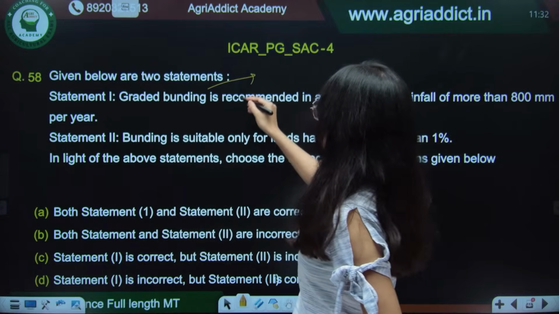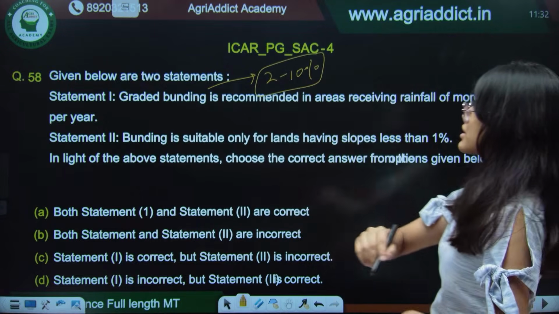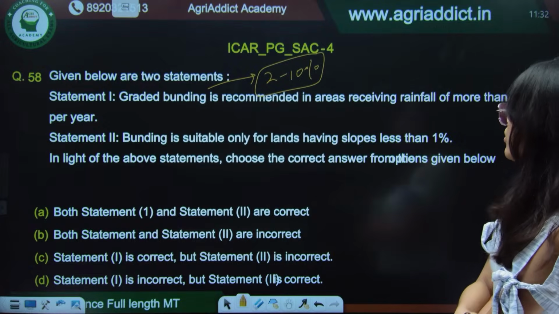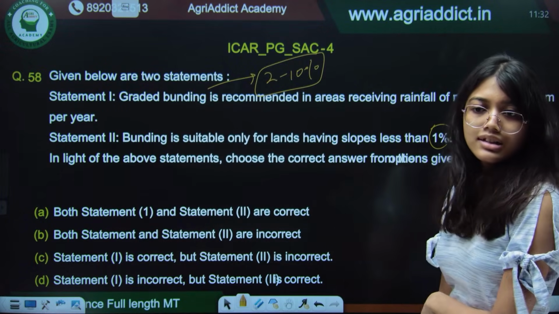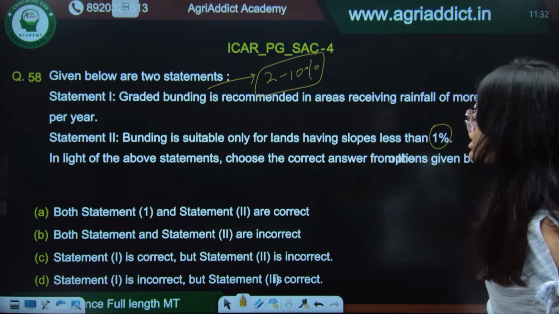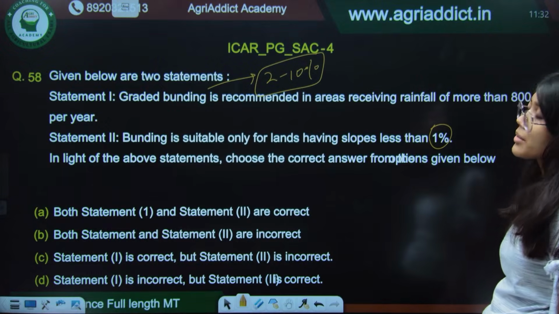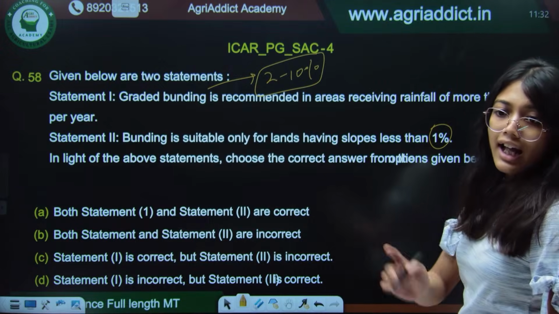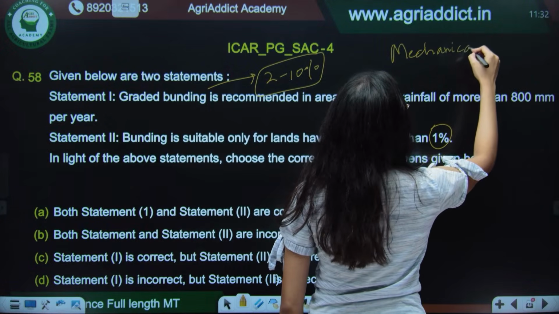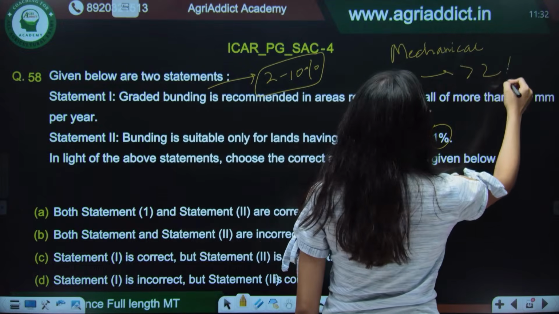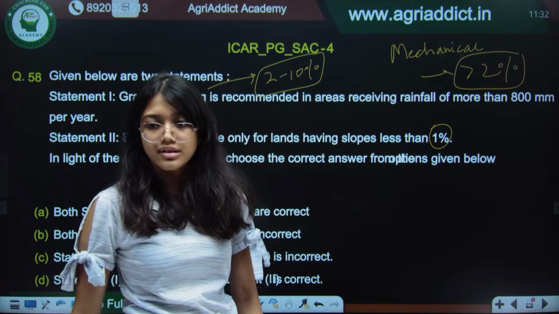Next, graded bunding is recommended in areas receiving rainfall of more than 800 millimeter per year. So for graded bunding, what is the slope? It is 2 to 10% land slope. Bunding is suitable only for lands having slopes less than 1%. Whether or not that is correct, I had already mentioned that for graded bunding it is 2 to 10%. And for mechanical measures, bunding is a form of mechanical measure, the basic criterion is that you have to have a slope of greater than 2%.